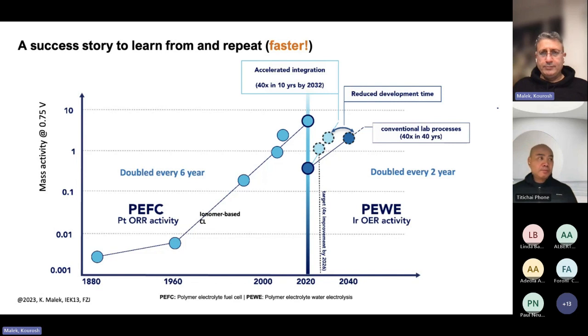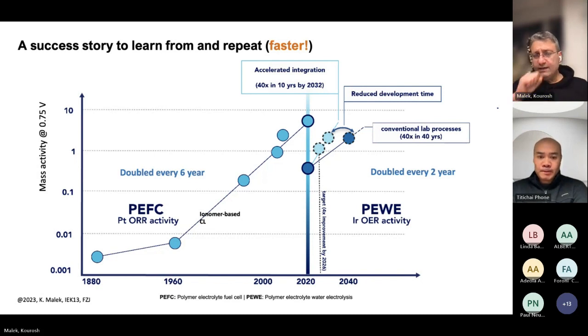It's mainly because of inclusion of some components into the mix, as was discussed previously, which we call ionomer, into the catalyst. And not only does it bring the amount of catalyst used lower, and therefore make the whole layer cost effective, it's also adding a lot of functionalities that are exponentially increasing the mass activity.